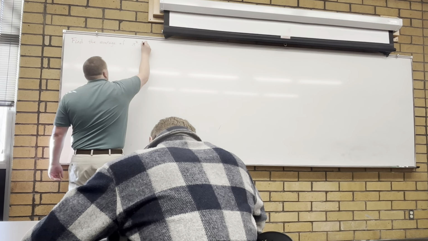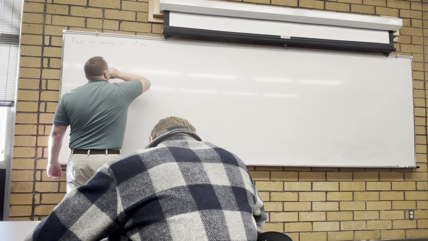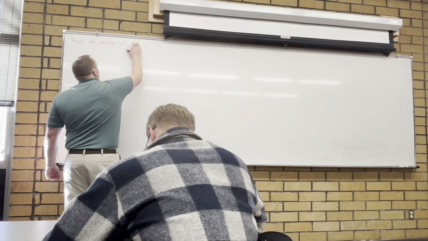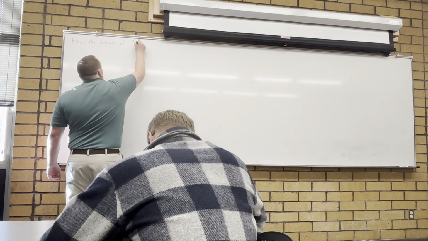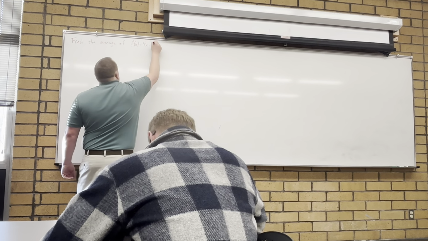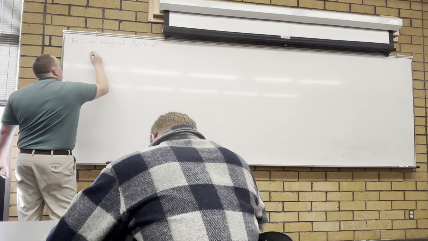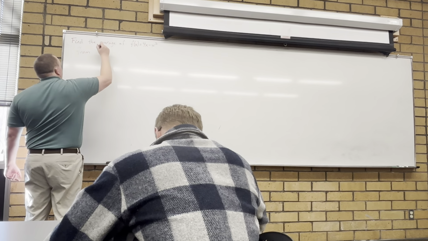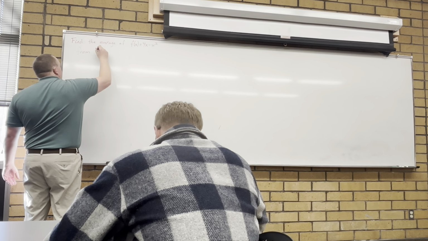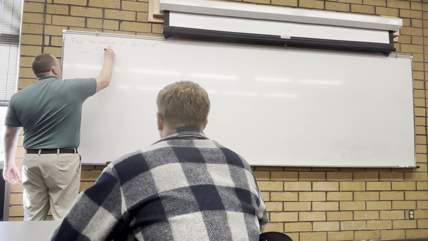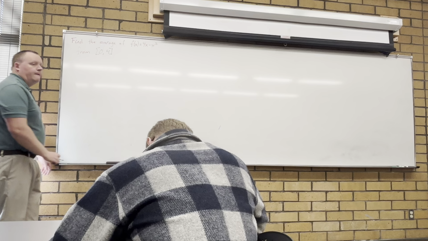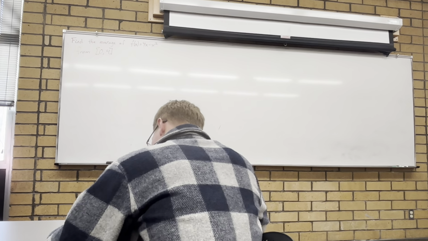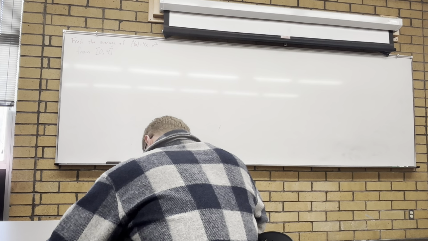We can do this one. I want to do it the other way around. 4x minus x squared, from 0 to 4. I don't know if from is the right preposition there, but good enough.